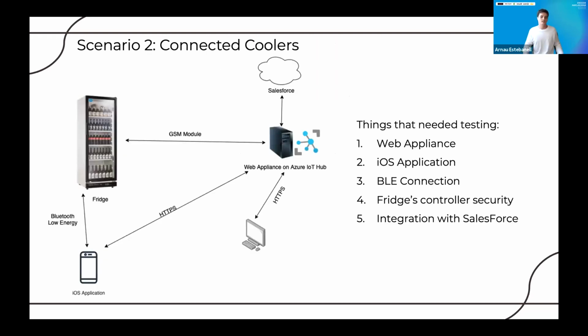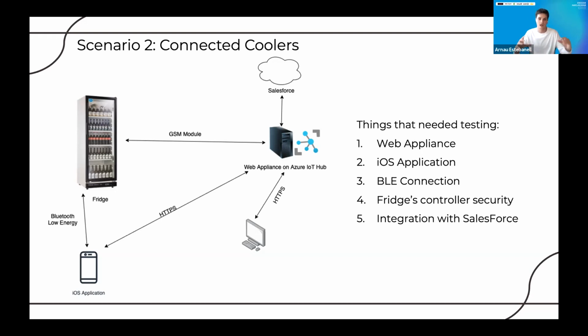The second scenario that we have tested is the connected coolers. Essentially there is a fridge which has a camera and can take photos of whether the bottles in the fridge have been emptied or not, and if the fridge needs a refill. This system had an iOS application, but it also had a web appliance that was built on top of Azure IoT, which in turn communicated with Salesforce.